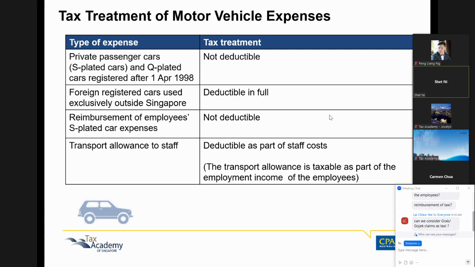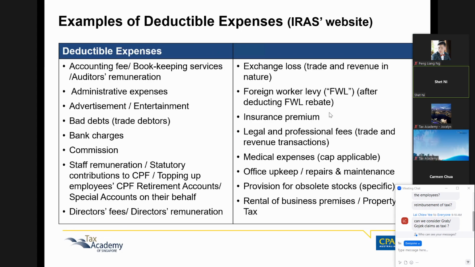Okay, now I'll move on. These are deductible expenses which I've extracted from the IRAS website. These are also the more common types of expenses that you will see in your normal course of doing corporate tax. I will just go through them very briefly, just to read them out so that we have some idea.